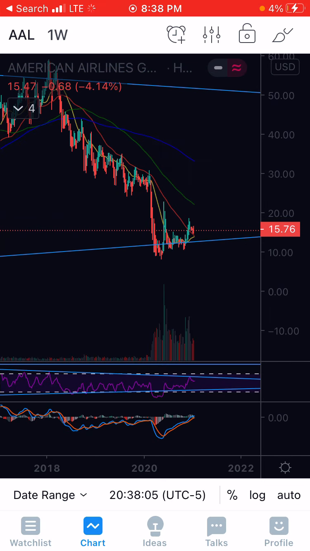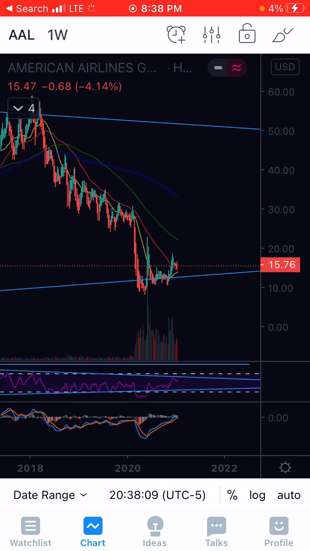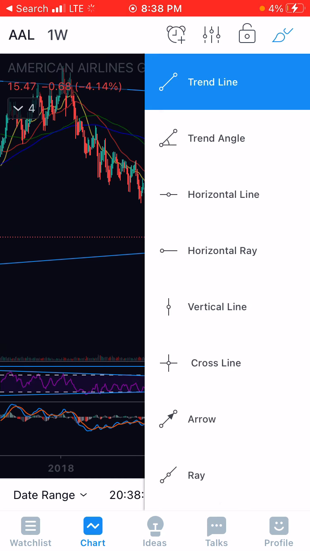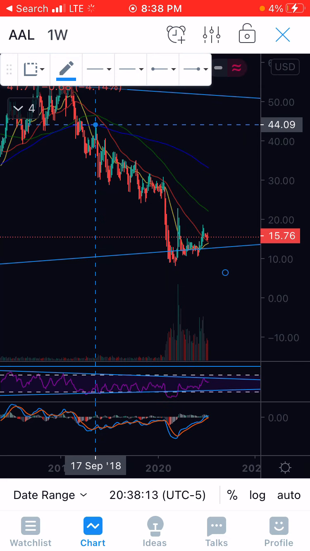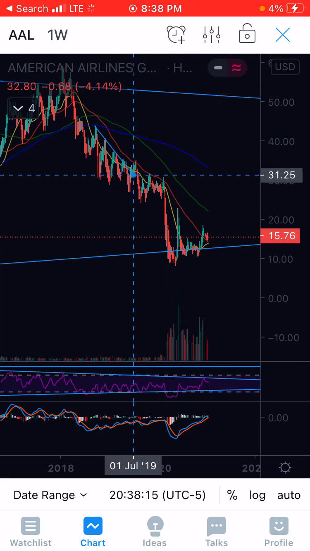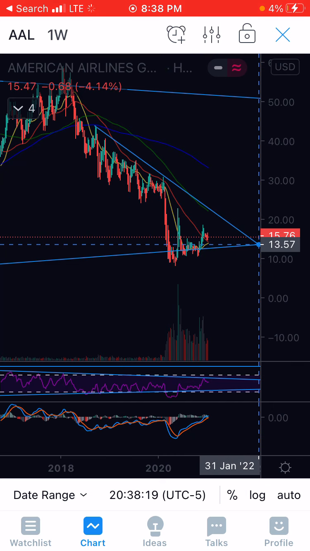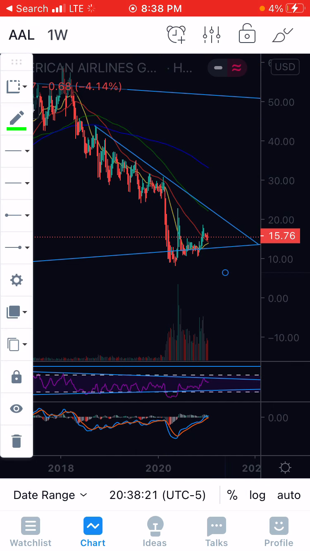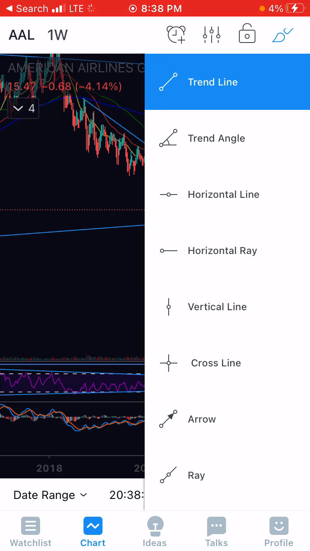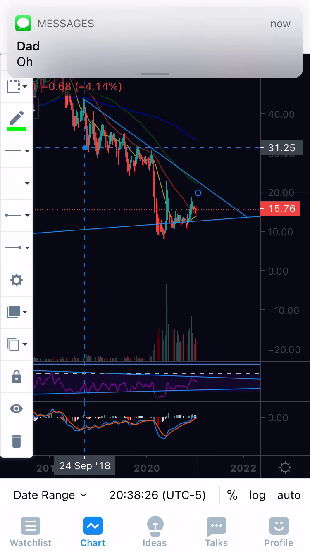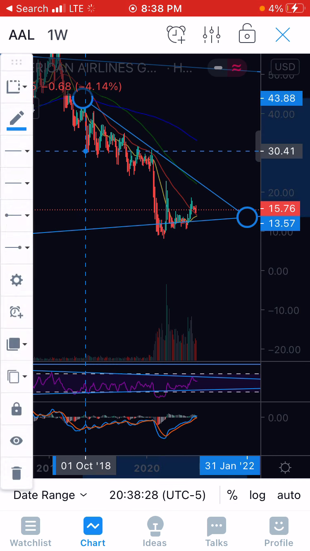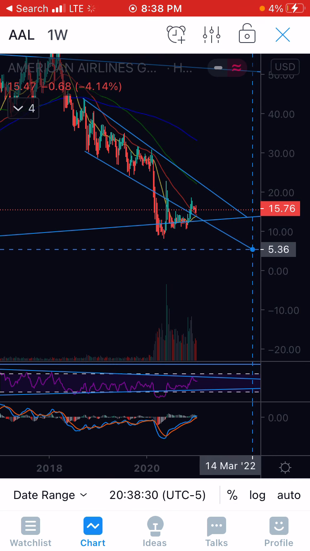The second thing you could do is figure out where the most recent rejections have been, because you have your big pattern, but you also have patterns within patterns, which is a little crazy. You can find support and resistance by adding trend lines in this scenario.